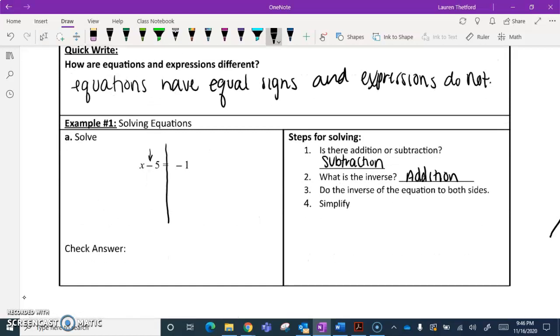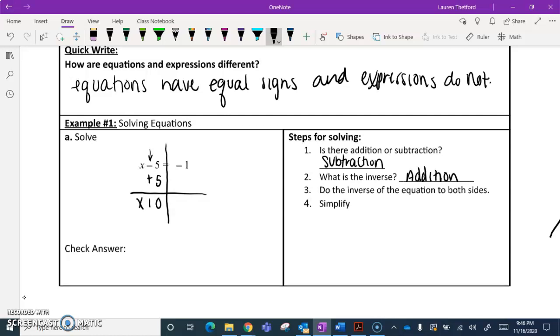Since we're going to try to get this x by itself, we are going to undo the subtraction by adding 5 to this side of the equation. Negative 5, we think of it as a negative, so negative 5 plus 5 gives me 0.